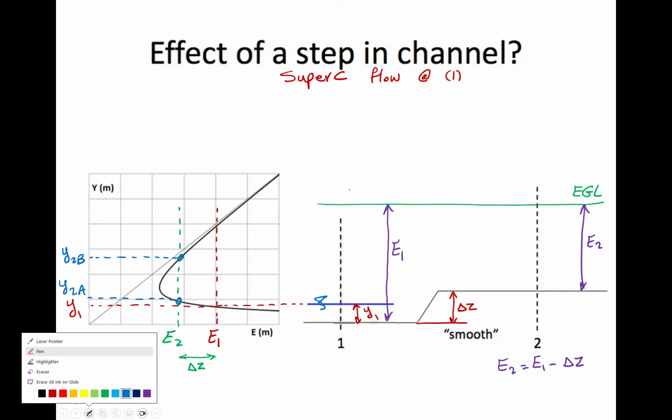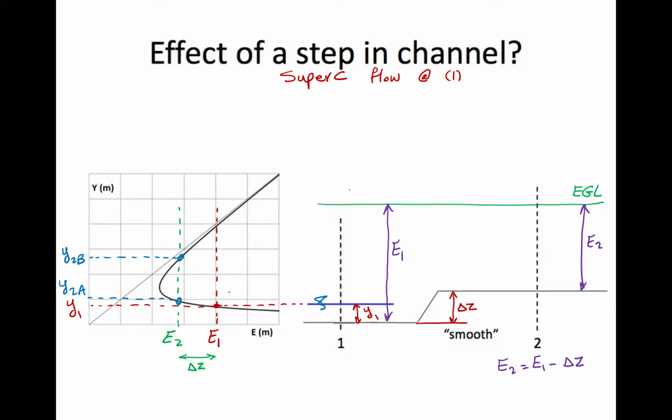Just like what we said, there's a couple of ways we can go from point 1, which is our starting point, to point 2A or 2B. Let's focus on 2B for now. How do we get from 1 to point 2B? One way is just jump across and go like this. We talked about this one.